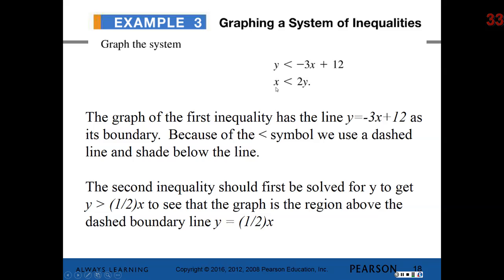Then we're going to graph the line x is less than 2y, but we're going to have to change it around and solve it for y. So it turns out that y is greater than 1/2 x, or y equals 1/2 x. And we're going to again test the point 0, 0, which is going to come out with 0 is less than 0.